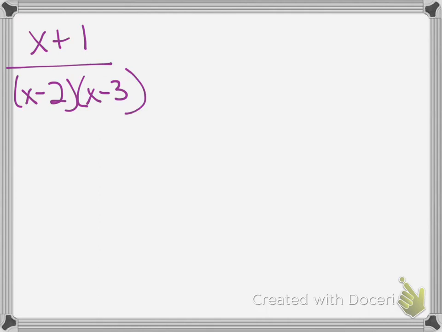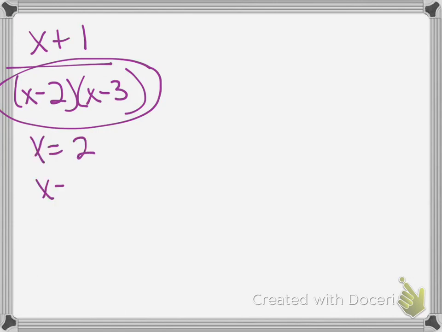To figure out if you have any points of discontinuity, you're always looking at the denominator. You take your factored binomials, set them equal to 0 and solve. So this is x equals 2, that's x equals 3. Then you look at whether you can reduce anything in the denominator with anything in the numerator.